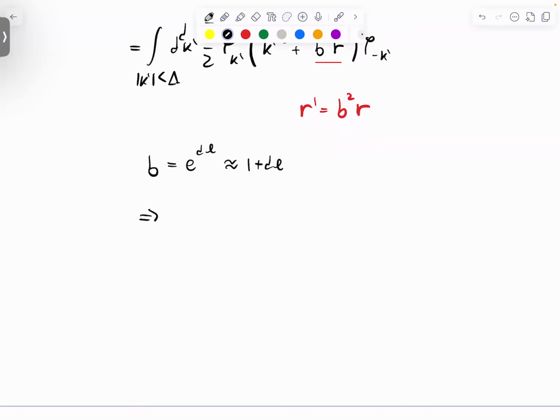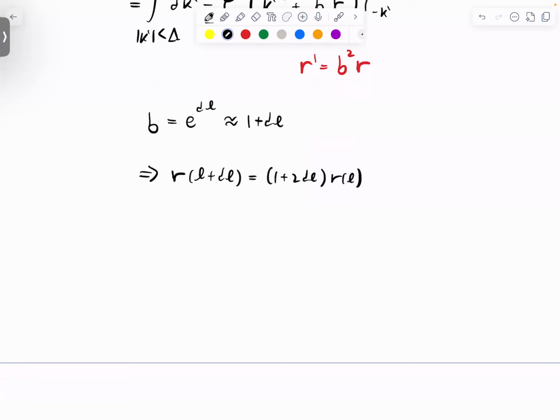That implies that r at scale l plus dl is equal to 1 plus 2 dl times r at scale l. If I move things around, I get that dr/dl is equal to 2r. And this is our equation.